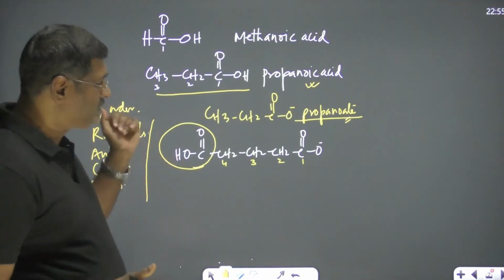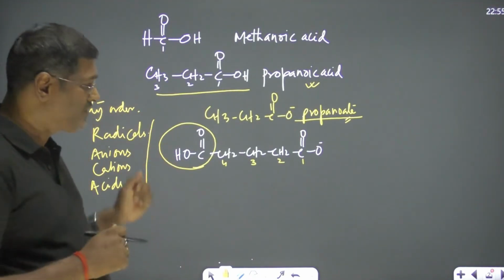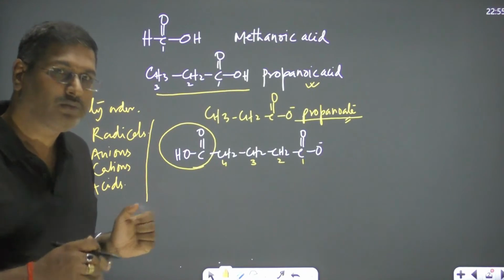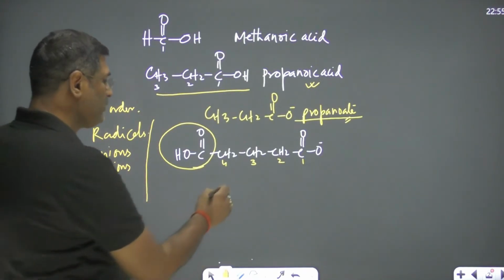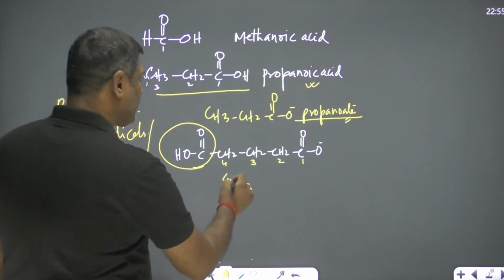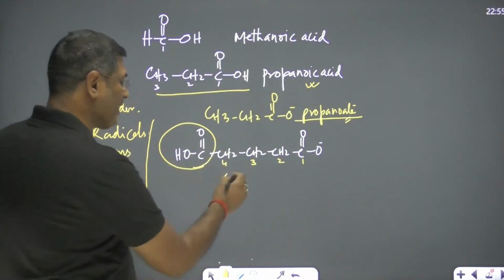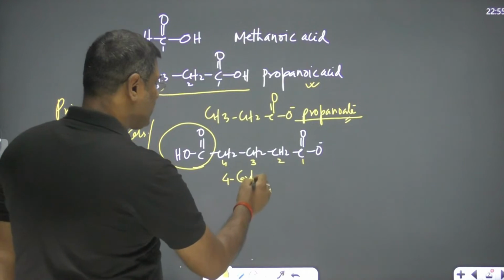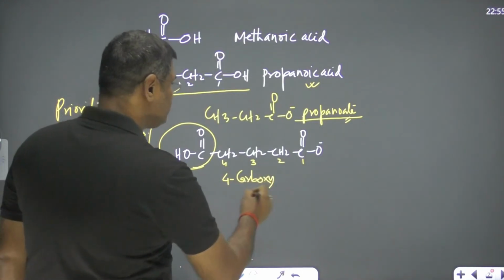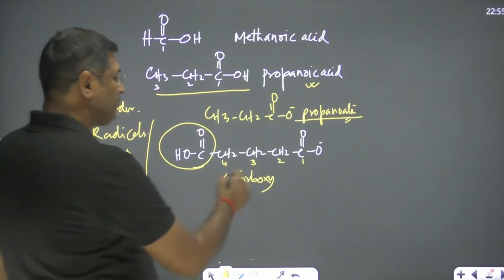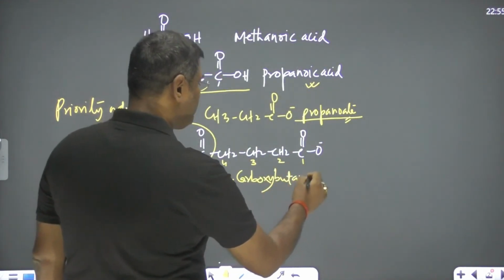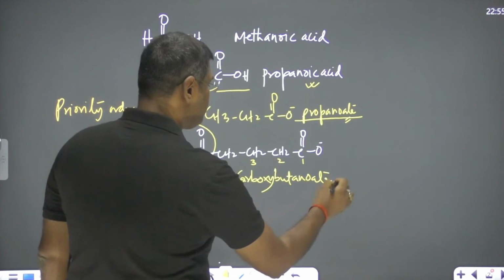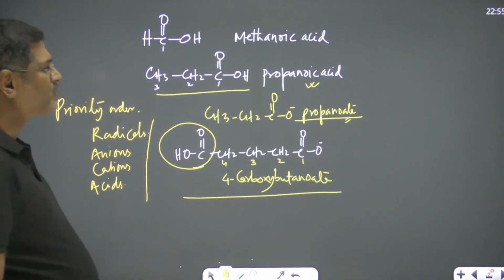How to express this COOH? With the prefix. And what is the prefix for COOH? Carboxy. So what's the name for this one? We say 4-carboxy, on the 4th position we have it. This one is 4-carboxybutanoate.